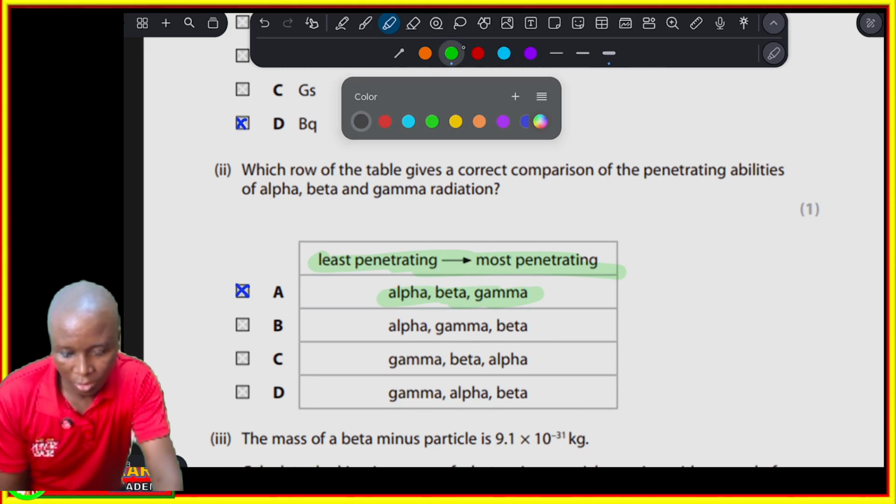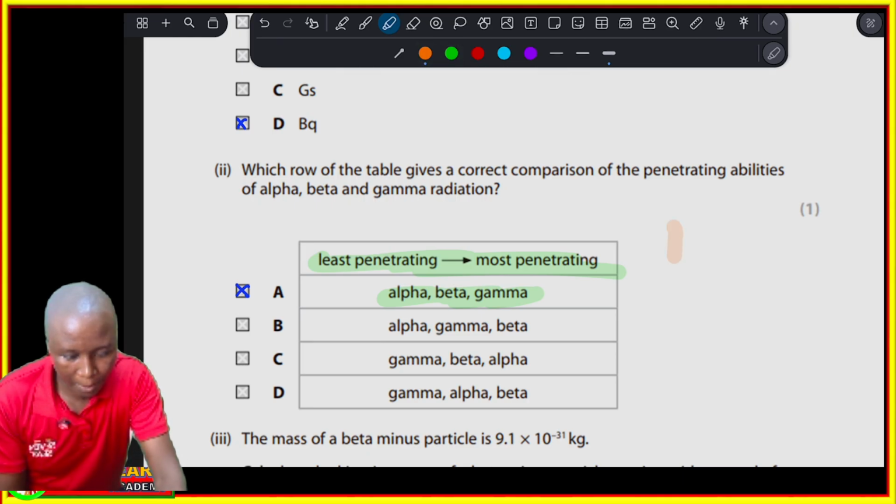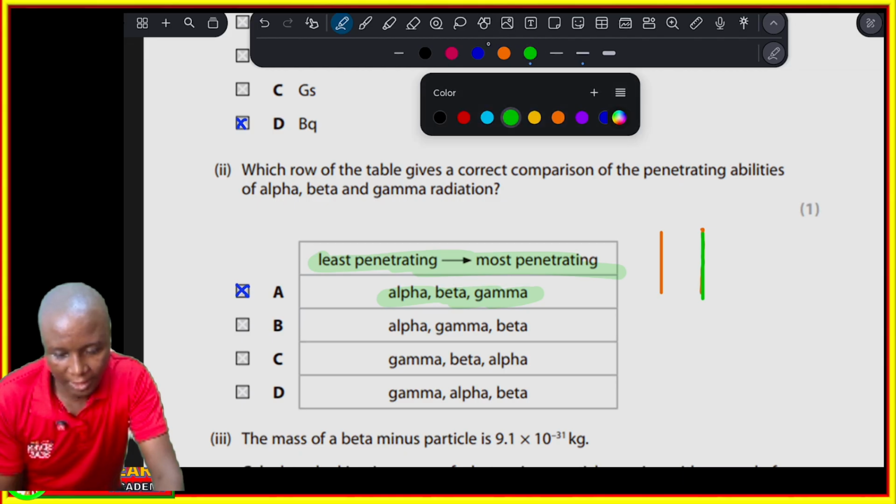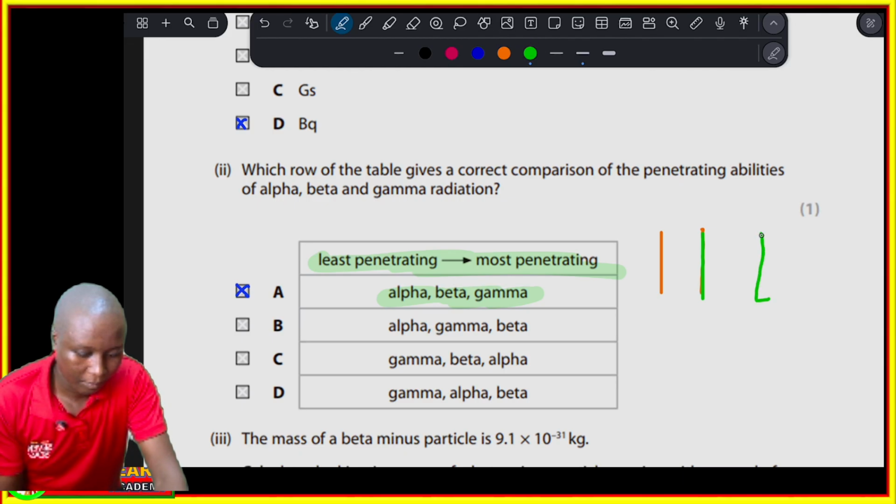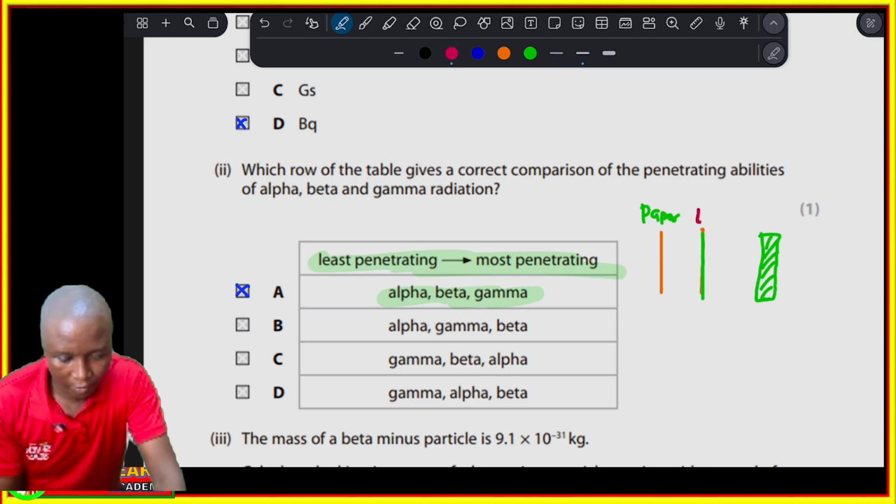So something that you need to remember, if you have paper, if you have aluminium, and if you have thick lead, so you can say this is paper, we have aluminium, and we have lead.